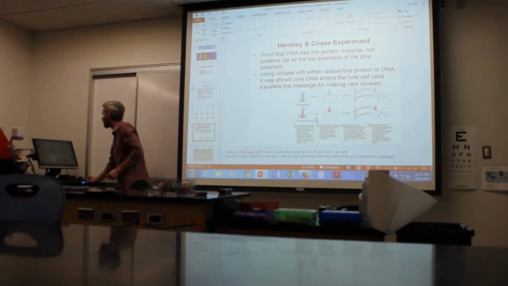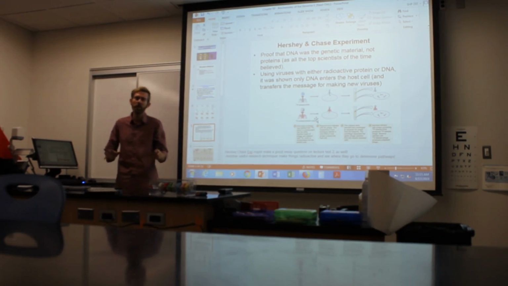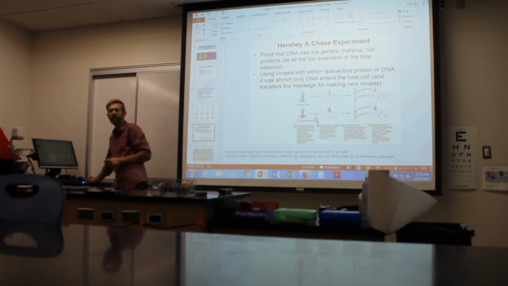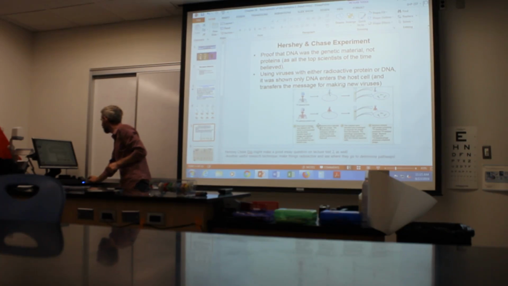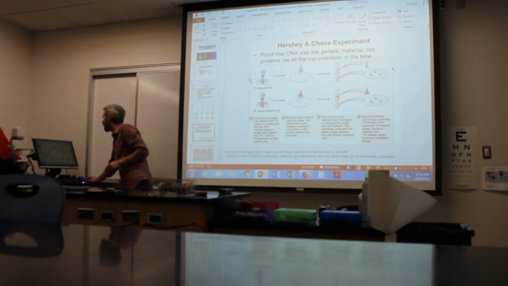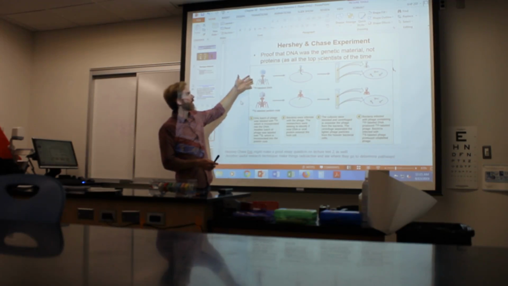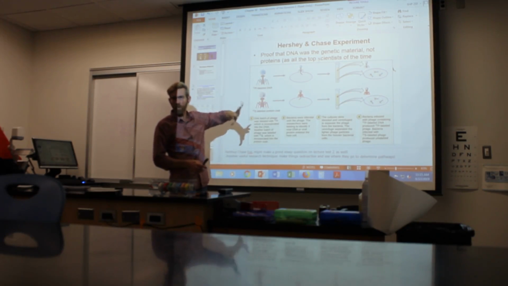So anyways, here's how the Hershey-Chase experiment worked. It's actually two different experiments. Dr. Hershey and Dr. Chase, or I think Chase might have been his graduate student. I don't remember the details, but anyway, two scientists. So basically they grew phages. A bacteriophage is a virus that infects bacteria and only bacteria.